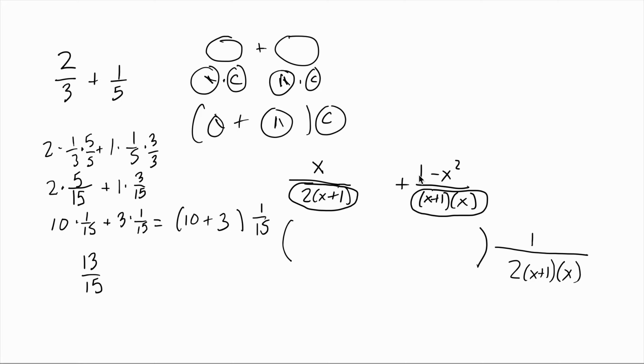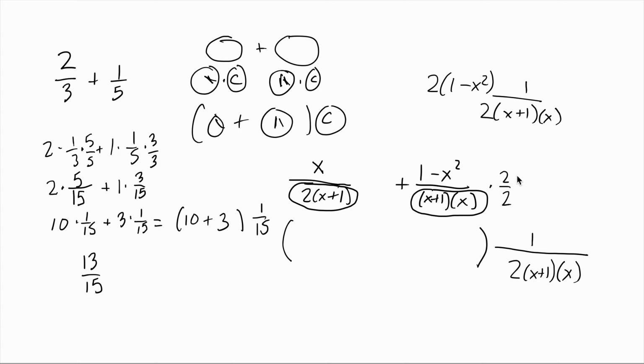So this is saying 1 minus x squared times 1 over x plus 1x, right? All right, but we want to be taking 1/2 of those, which means we're going to be talking about double of them. Hey, you know what? That's the same thing as multiplying top and bottom of this fraction by 2. Right. Multiply top and bottom by 2.